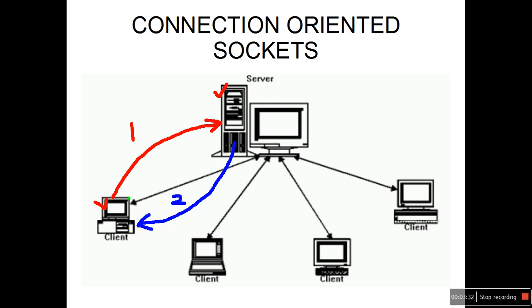The third step involves the client acknowledging the second step sent by the server: "Yes, I received your communication, so I guess we are ready to transfer data to and from each other." So this is connection establishment. Notice that this is a 3-stage process. As a result, connection establishment through connection oriented sockets is a 3-way handshake.